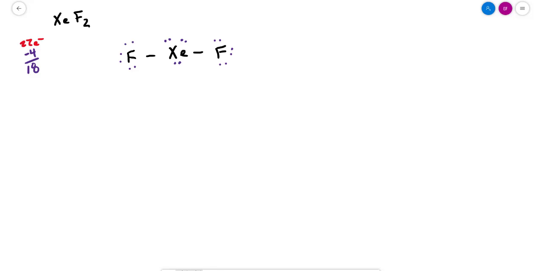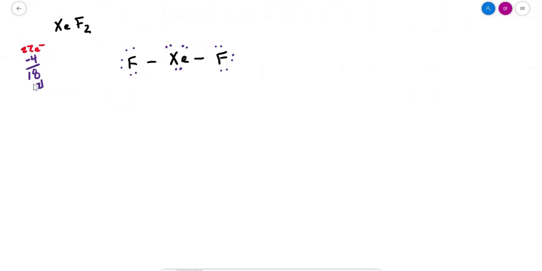Alright, so I've got the Lewis structure drawn up here. Counted 22 electrons. It took 4 to make these 2 bonds. I distributed those 18 around the fluorine first. That only accounted for 12 of them, which meant that I needed to get rid of 6 more. So in this case, 6 full electrons went around the xenon atom in the center.